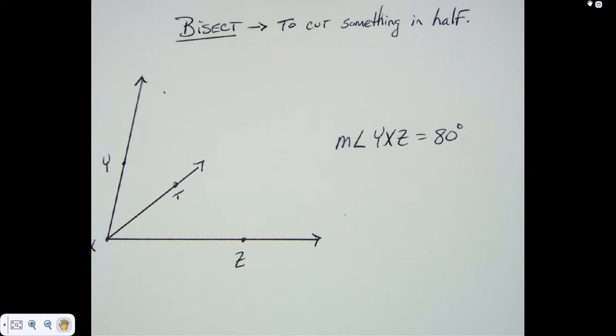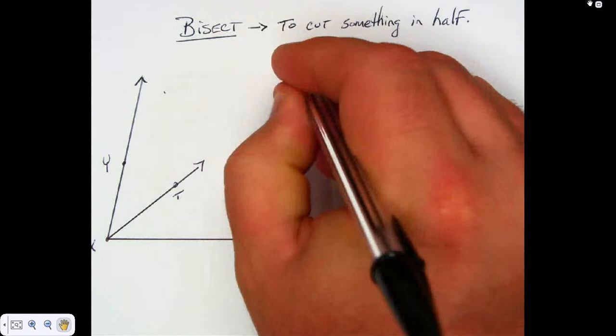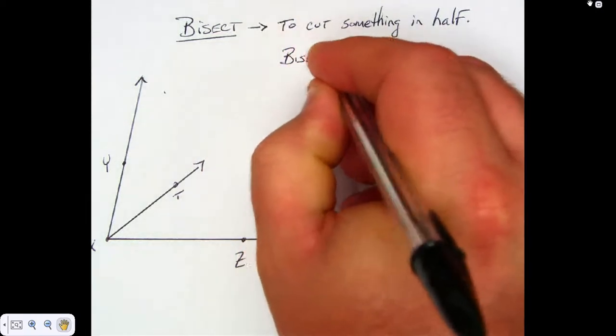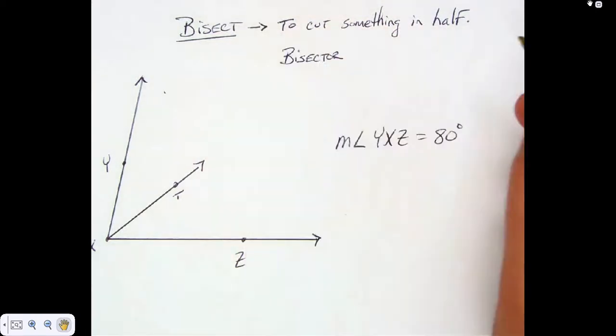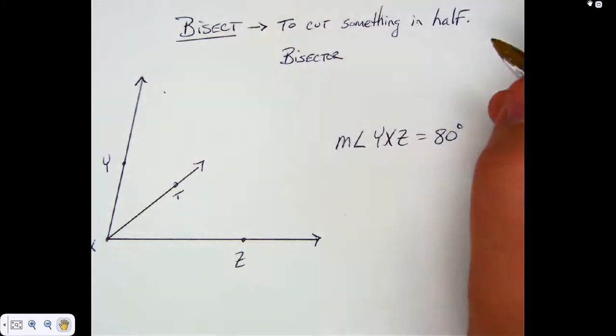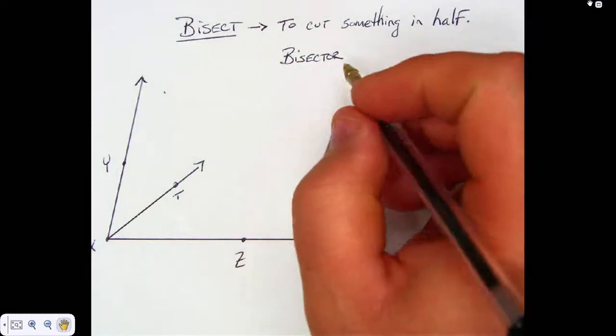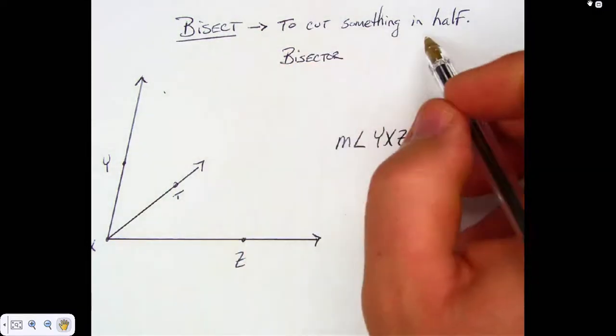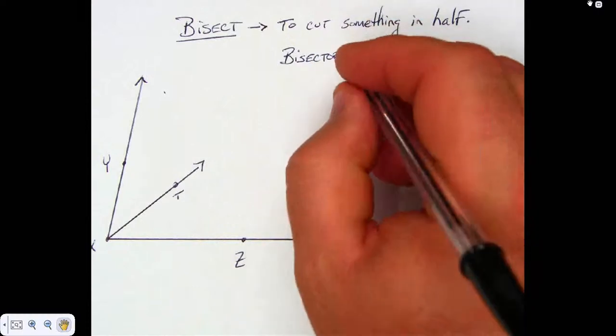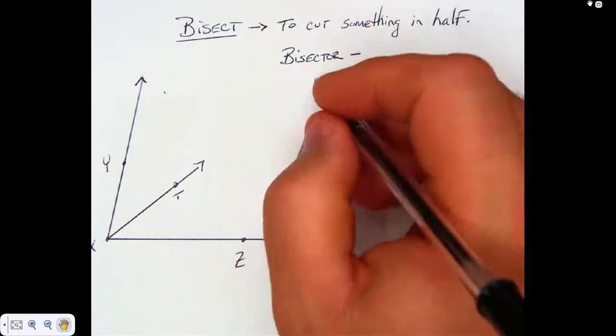That doesn't necessarily mean that in the real world, but for us it does. So what do you think a bisector will do in geometry? If the word bisect means to cut something in half, what do you think a bisector is going to do? It's going to be something that cuts something in half.